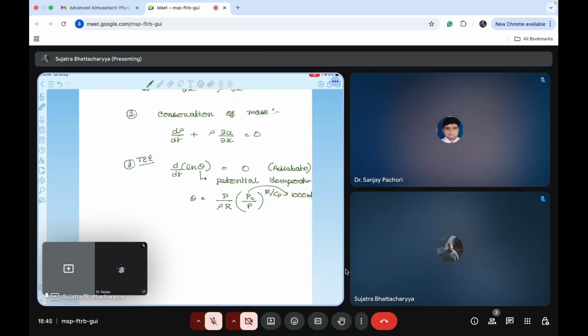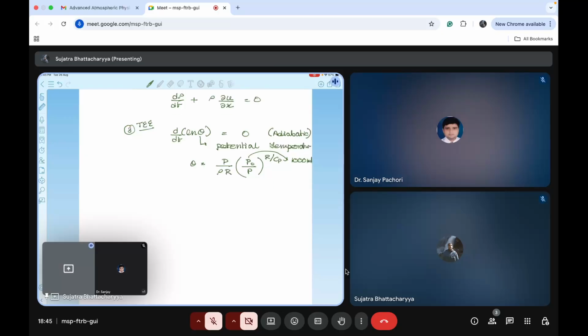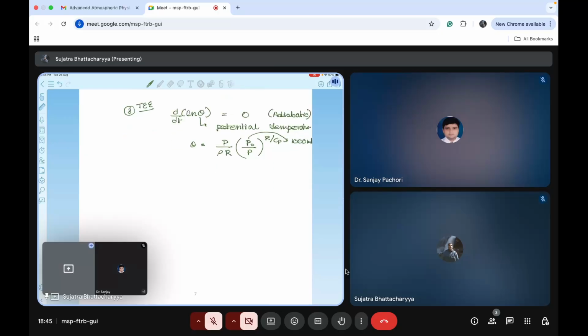Okay. Fine. So if this is your thing, then what we can write is that theta can be written as P0 to the power R/Cp divided by density R. Can I write P^(1 - R/Cp)? Yes, we can, because there is a P to the power R/Cp in the denominator and P is there in the numerator.